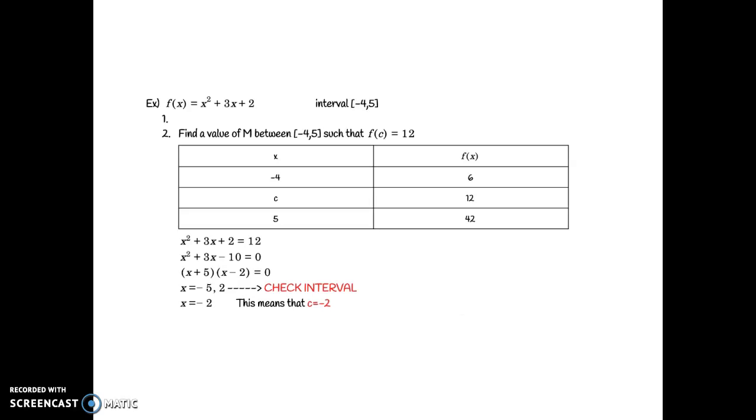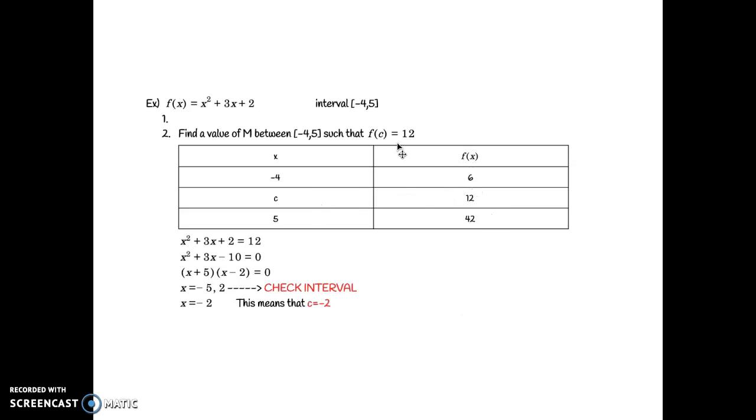If you look at it over here, f of x is equal to x squared plus 3x plus 2, on the interval negative 4 to 5. We're trying to find a value c between negative 4 and 5 such that f of c is equal to 12. Let's see. We make a table: at negative 4, f of x is 6, and at 5, it is 42.